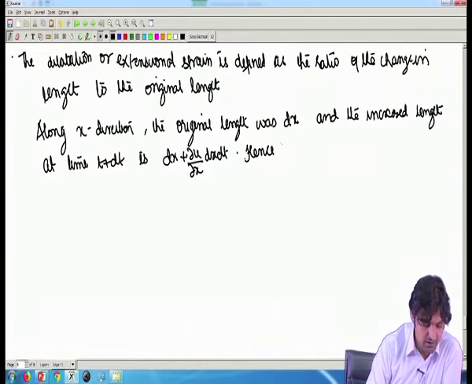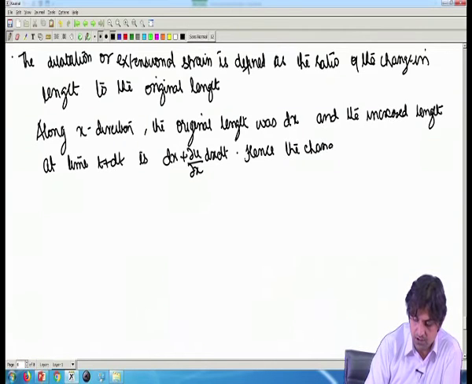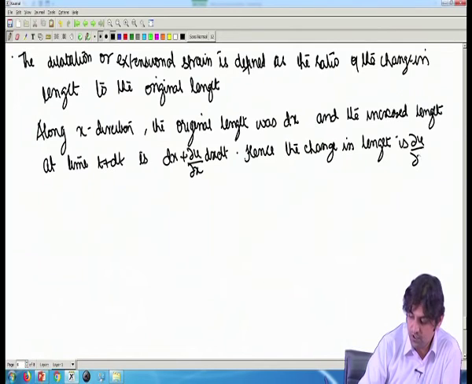Hence the change in length is del u del x into dx dt, all right.